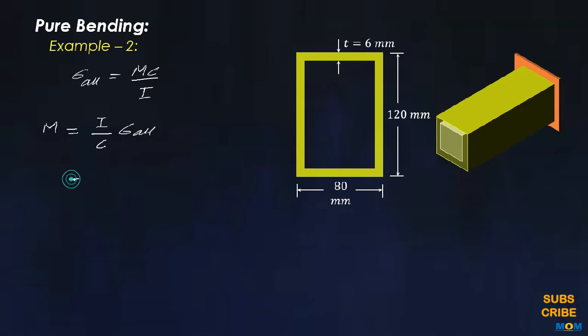So using value of I, that we just calculated, 4.38 into 10 raised power minus 6 m4, upon the c.